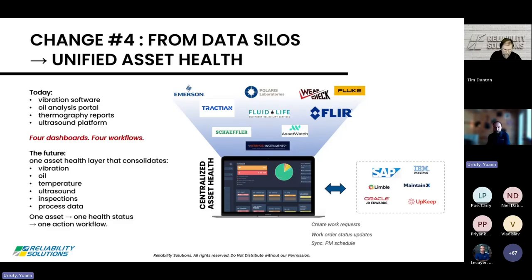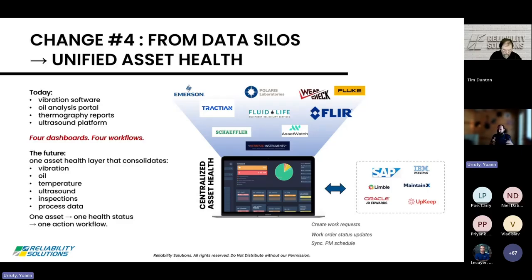So really the future, and the trend that we see, is a unification of asset health, where you've got all of these sources of data that are very good, but completely siloed, and they all come together in one place.